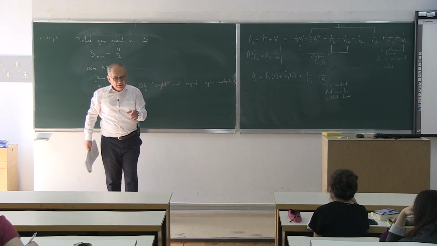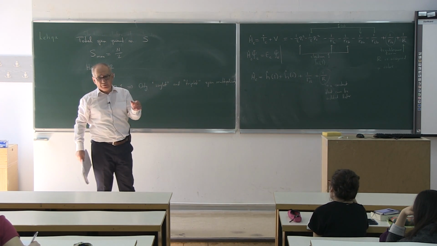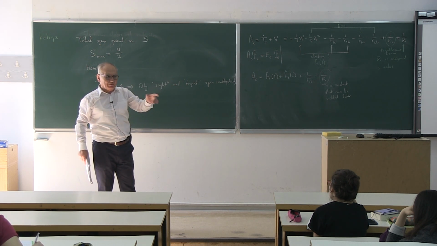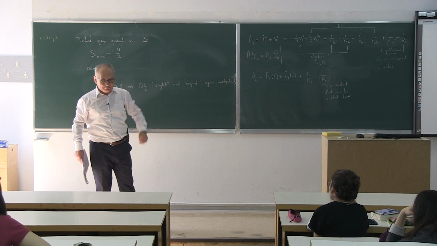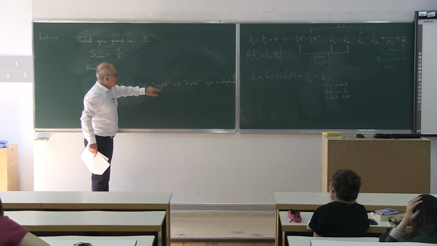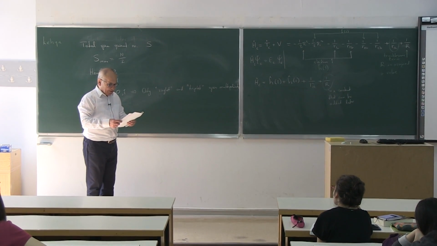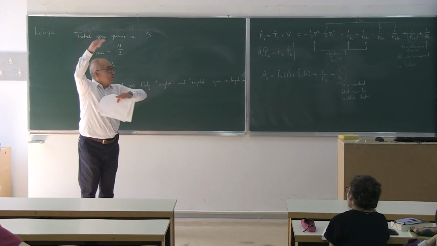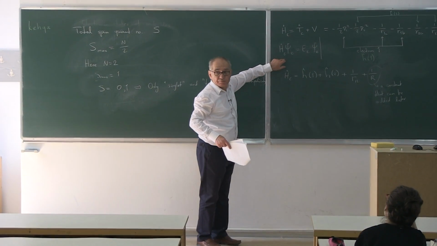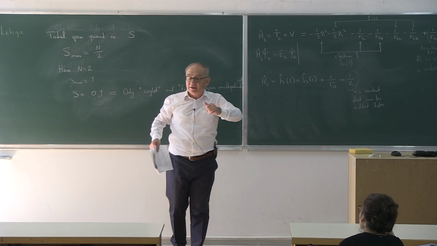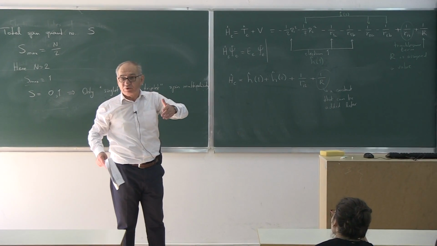So as far as the total spin is concerned, the situation in the H2 molecule is the same as in the helium atom, because both the helium atom and the H2 molecule have just 2 electrons. Only singlet and triplet spin multiplicities are possible when we consider all solutions of this equation for the H2 molecule. Remember, how many solutions of any Schrödinger equation are there?